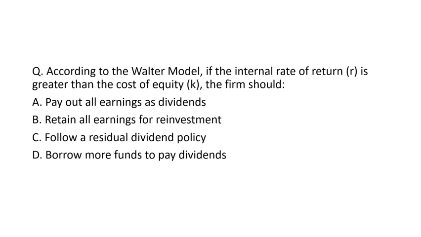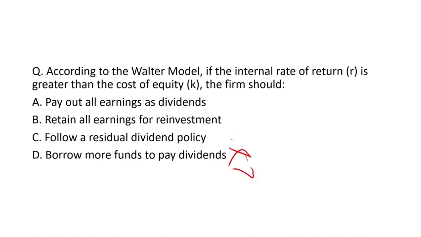Let's see the next question. According to the Walter model, if the internal rate of return R is greater than the cost of equity K, the firm should: pay out all the earnings as dividend, retain all the earnings for reinvestment, follow a residual dividend policy, or borrow more funds to pay dividend.